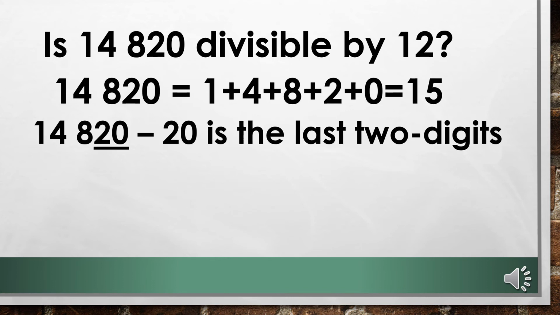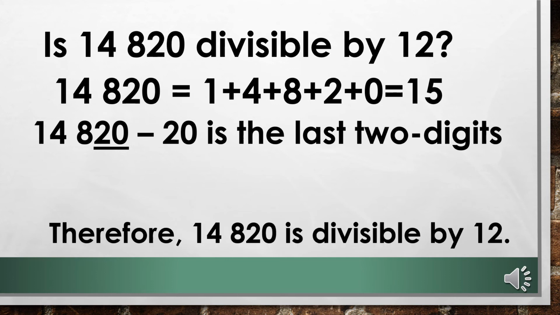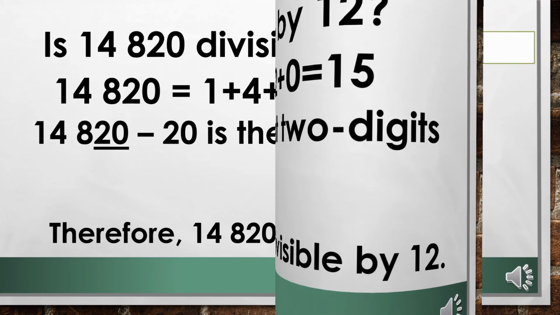Next is to determine if it is divisible by 4. The last two digits of the number are 20. 20 is a multiple of 4. Therefore, this number is also divisible by 4. 14,820 is both divisible by 3 and by 4. Therefore, it is also divisible by 12.